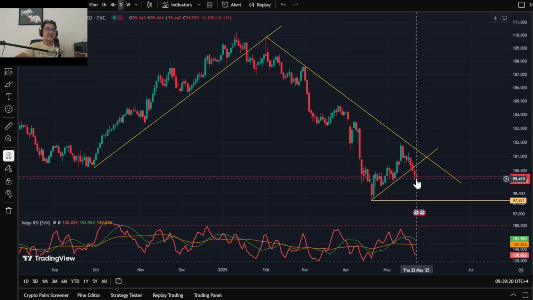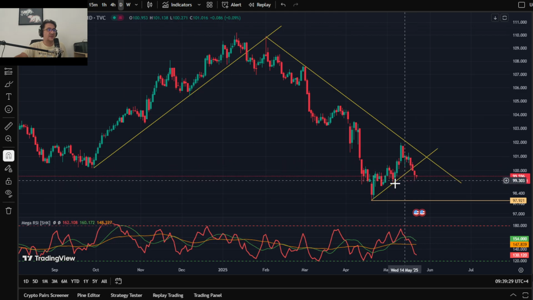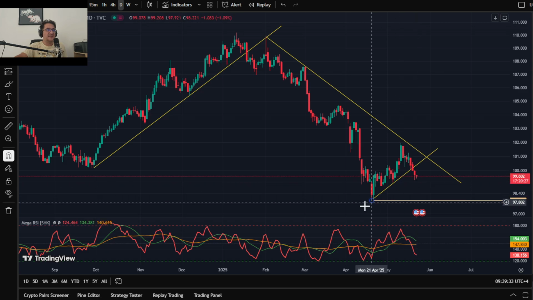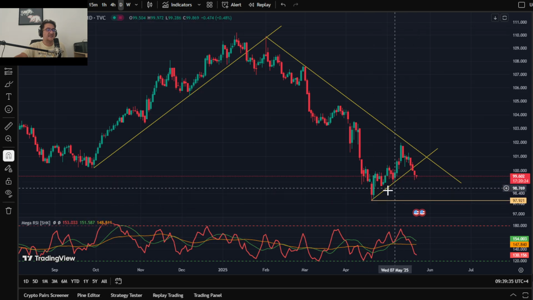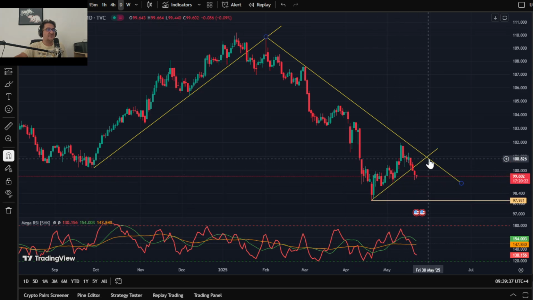We still cannot say if it's valid or not. I'm going to talk more about what a valid breakout is, but I just want to show you it's ongoing. This is when we start speculating if it's a valid breakout or not.